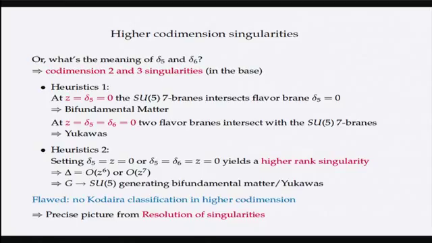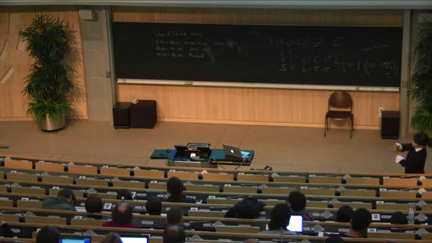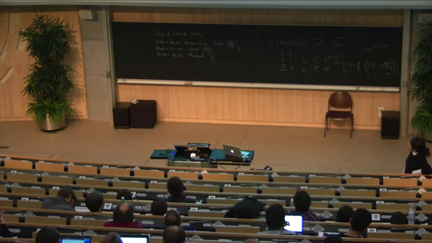We can think of that as a flavor brane coming and intersecting it over a codimension 2 locus, meaning a curve inside S. And from the intuition that we learned in the last lecture, that should be generating matter. Likewise, if you look at the codimension 3 loci, z equals delta 5 equals delta 6 equals 0, that should correspond to 2 flavor branes coming in, intersecting, and giving rise to the Yukawas.